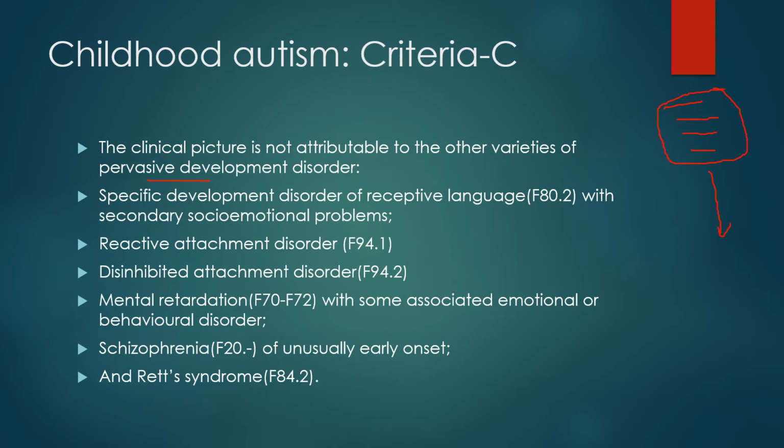So what do we have to rule out? Number one, specific developmental disorder of receptive language. If a child is having problems with hearing and understanding, and therefore has problems with receptive language, they do not get the clear message, the clear understanding of what other people are saying, either because of deafness or because of whatever other reasons, then they may develop some kind of secondary socio-emotional problems.